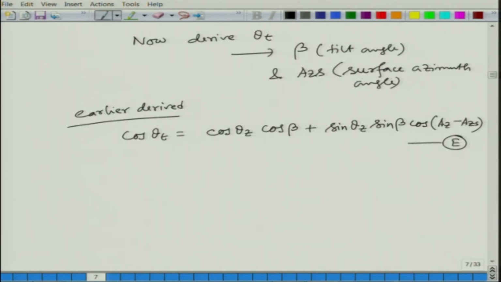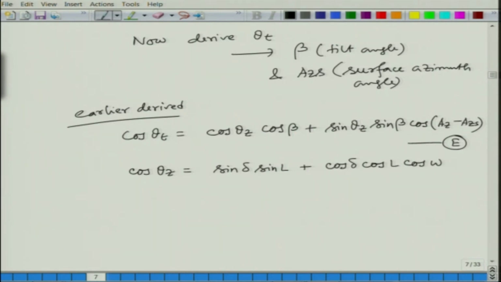Okay. And another relationship we obtained earlier, that is the cosine of zenith angle, which is sine of declination angle multiplied by sine of latitude, plus cos of declination angle, cos of latitude, multiplied by cos of hour angle.